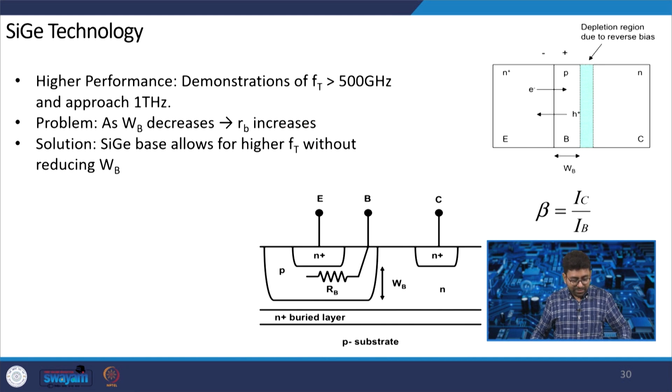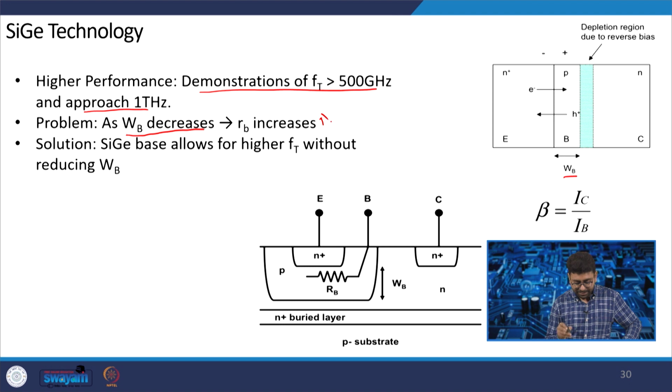So, for silicon germanium technology, if you consider this NPN transistor, and this is the base, whose base width is WB. In order to have higher performance, let us say a demonstration of an FT greater than 500 gigahertz, and we are approaching up to 1 terahertz, the problem is that WB we need to decrease, and that will increase the RB.